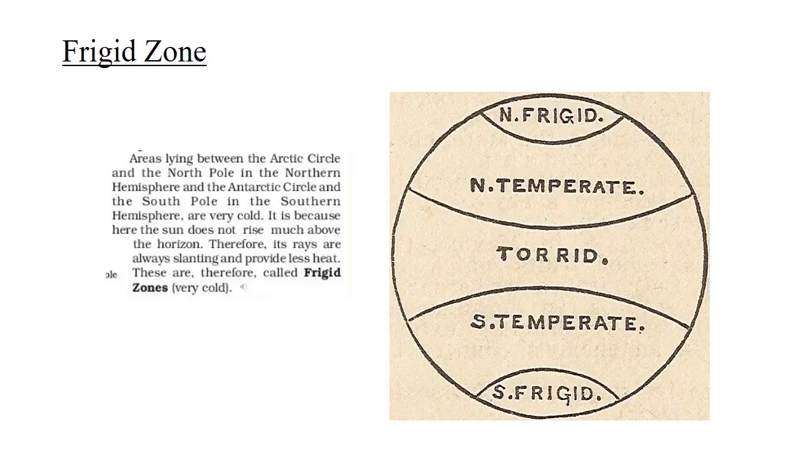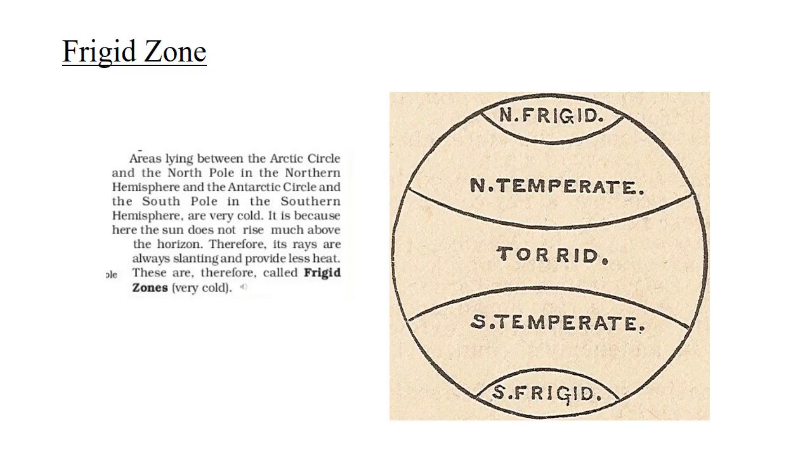In this last part of the zones, we'll talk about the frigid zone. The north frigid zone lies between the North Pole and the Arctic Circle, and the south frigid zone lies between the South Pole and the Antarctic Circle.